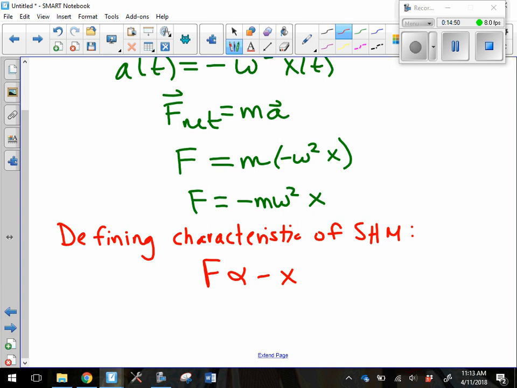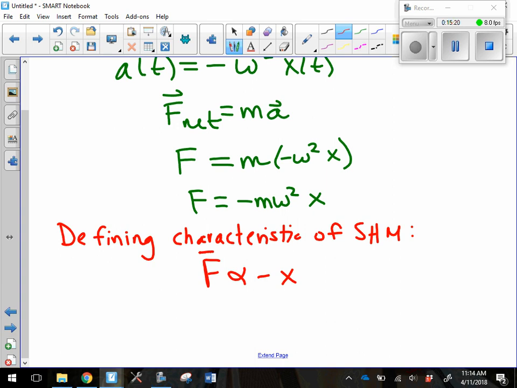Not negative x squared, not negative something, not positive x. It's the force that's causing the oscillation, which would be the net force on the object.